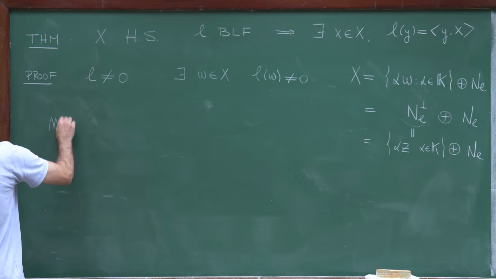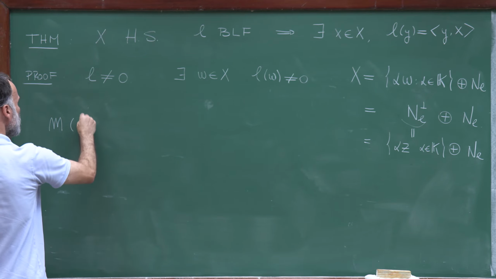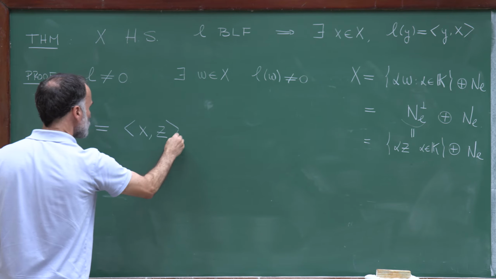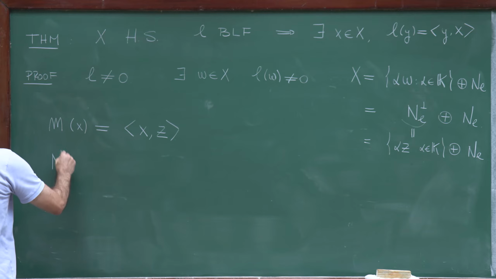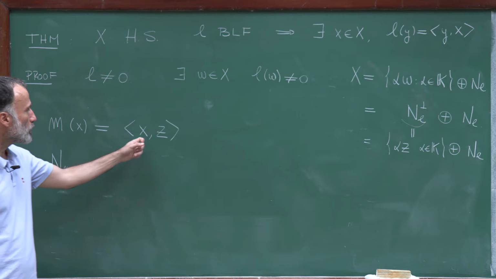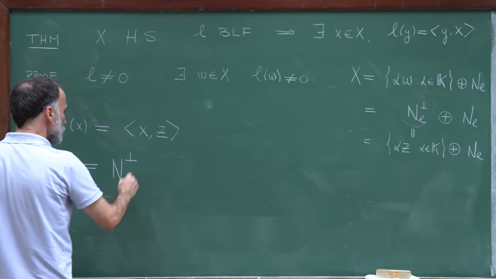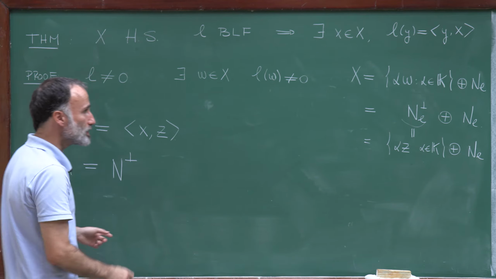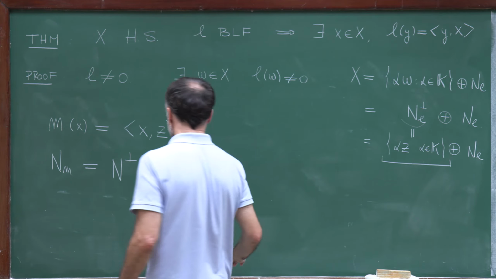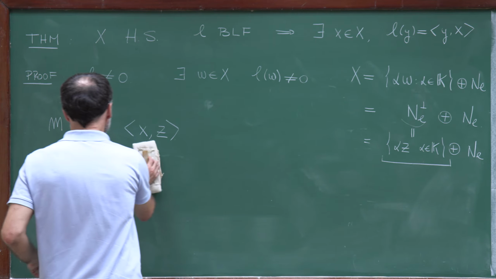Now, let me define M as a bounded linear functional, which at X gives you X times Z. So the null space of M is all points X which are orthogonal to Z, and this is exactly the orthogonal to Z, which means the orthogonal to this space. But let me maybe write that again.